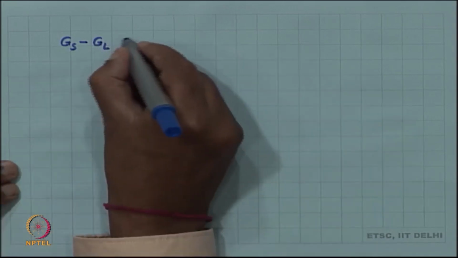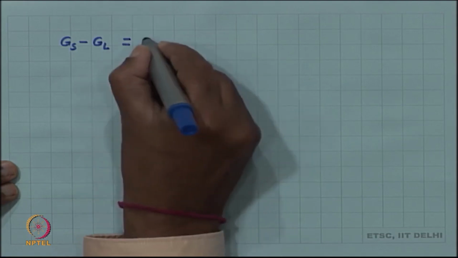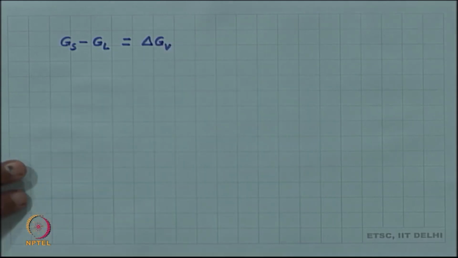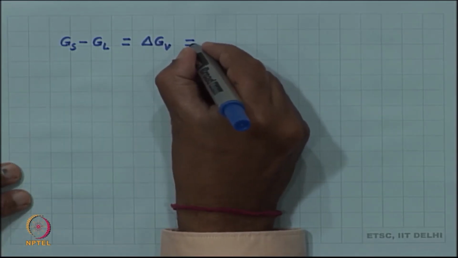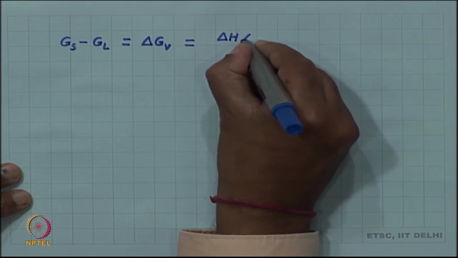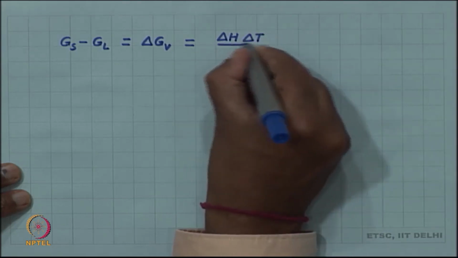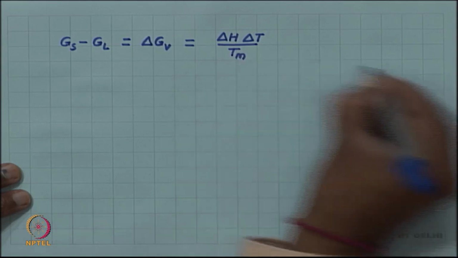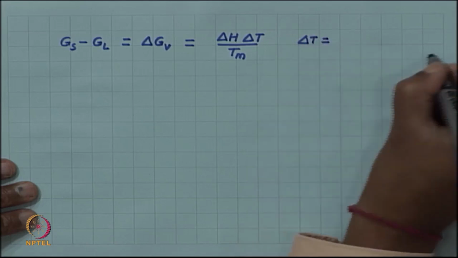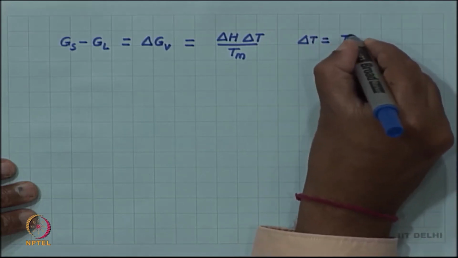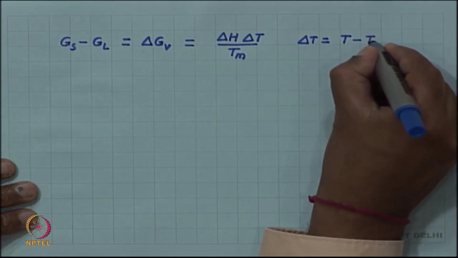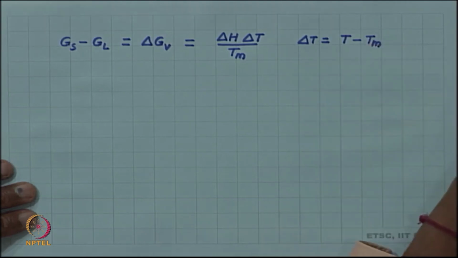So, Gs minus Gl, which we can call as delta Gv, and we had shown that this is nothing but delta H delta T by Tm, where delta T was T minus Tm.